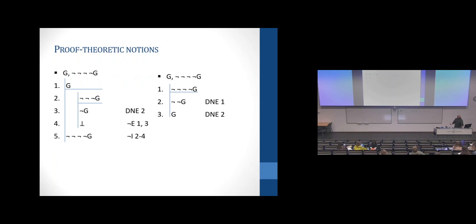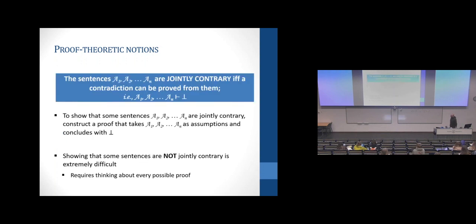So one last kind of proof theoretic notion to talk about. We can show that some sentences, A1 through AN, could be one sentence by itself, could be 2, 3, 5, 50, whatever. Some sentences are jointly contrary if and only if we can prove a contradiction from them.